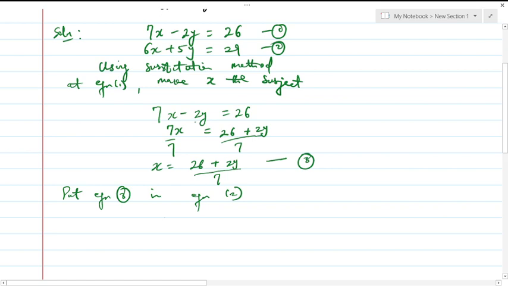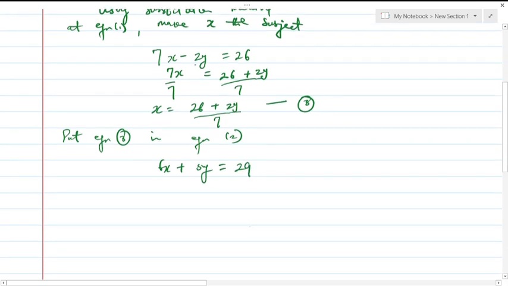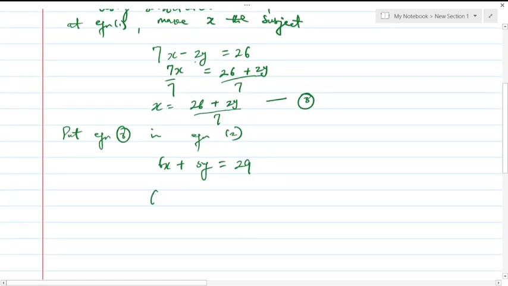Now equation 2 is 6x plus 5y equals 29. So let's substitute the value of x, that is equation 3. We have 6 times 26 plus 2y, everything over 7, plus 5y equals 29.